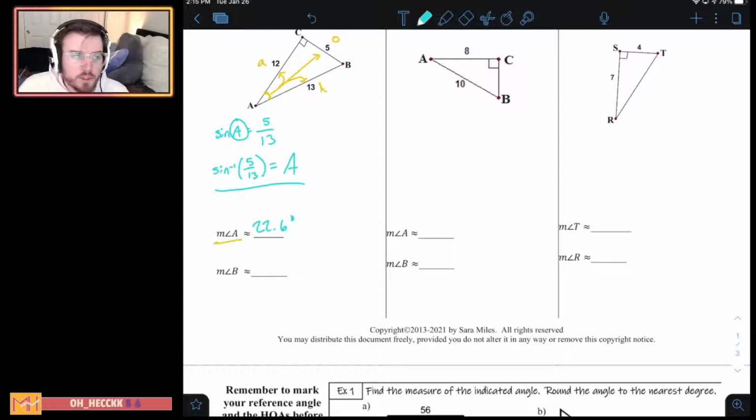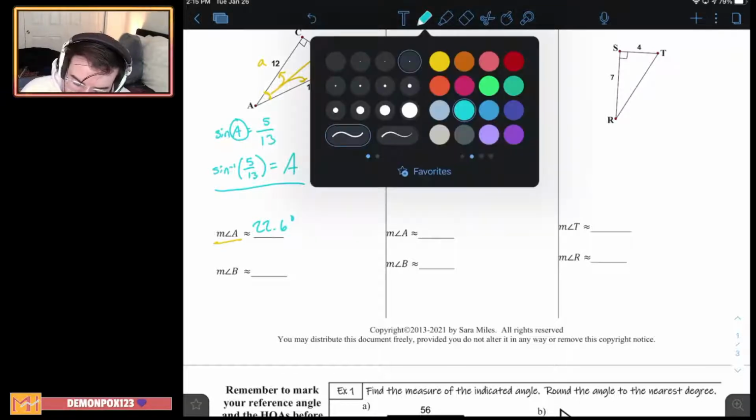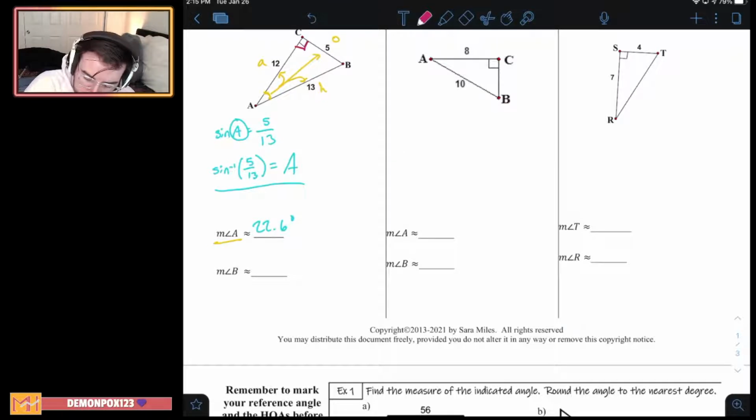Now, how do we solve for angle B? Well, tell me, how many degrees are in a triangle? 180, right? So if we know that one of them is already 90 and the other one is 22.6, just get rid of the other two angles and whatever's left is your third angle.